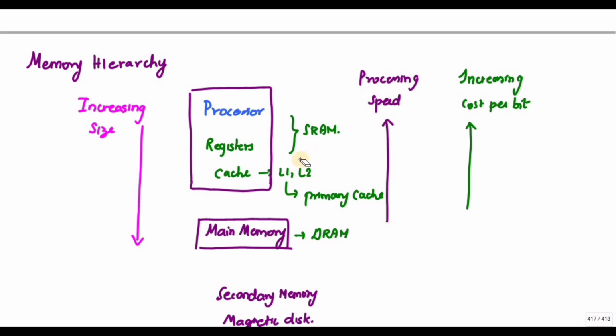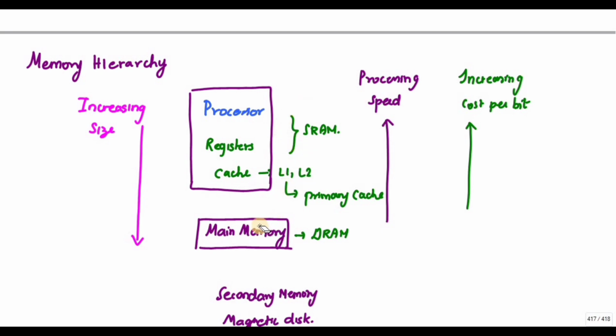In some computers we have L3, level 3 caches, which are of larger size, in addition to L1 and L2. These three are constructed with the help of SRAM technology, and may or may not be on the same chip as the processor.